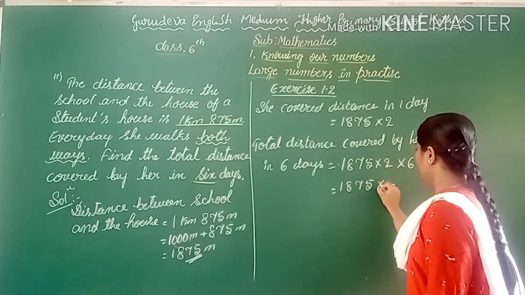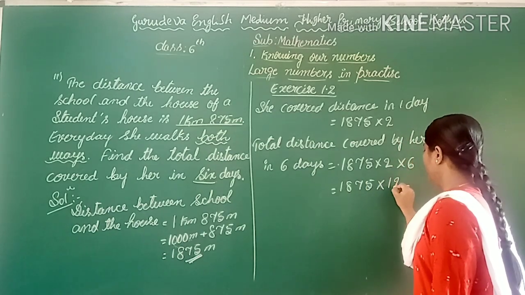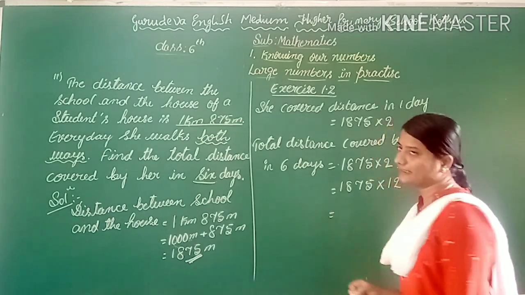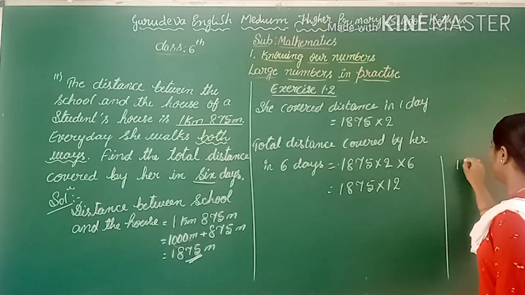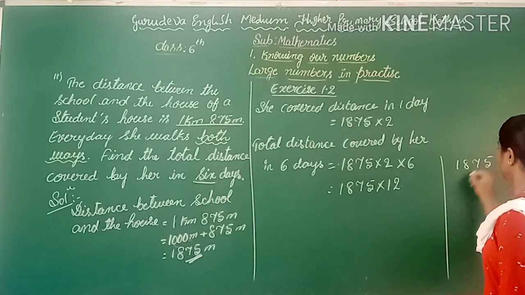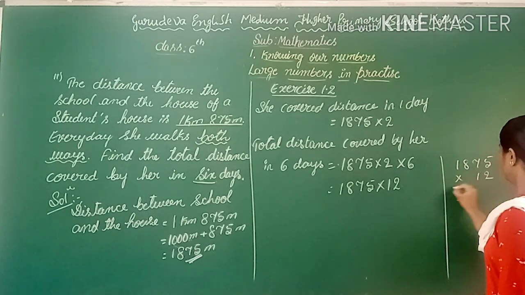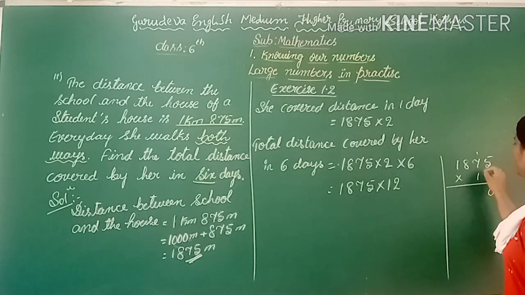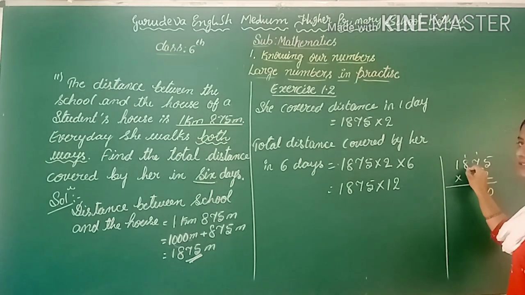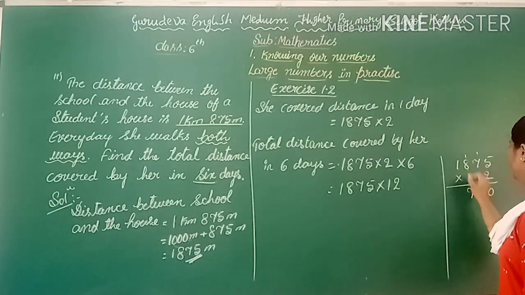1875 into 2, 6 twos are 12. Then you can multiply directly by 12. Then multiply the right side: 1875 into 12. 2 fives are 10. Carry 1. 2 sevens are 14, 14 plus 1 is 15. 2 eights are 16, 16 plus 1 is 17.